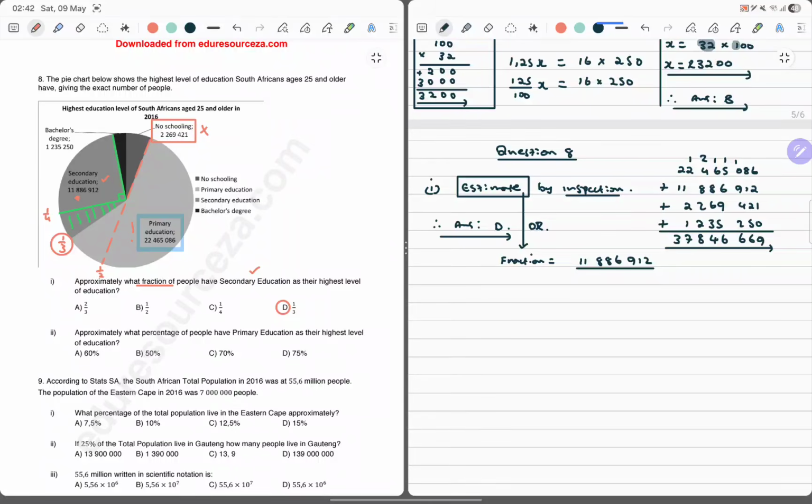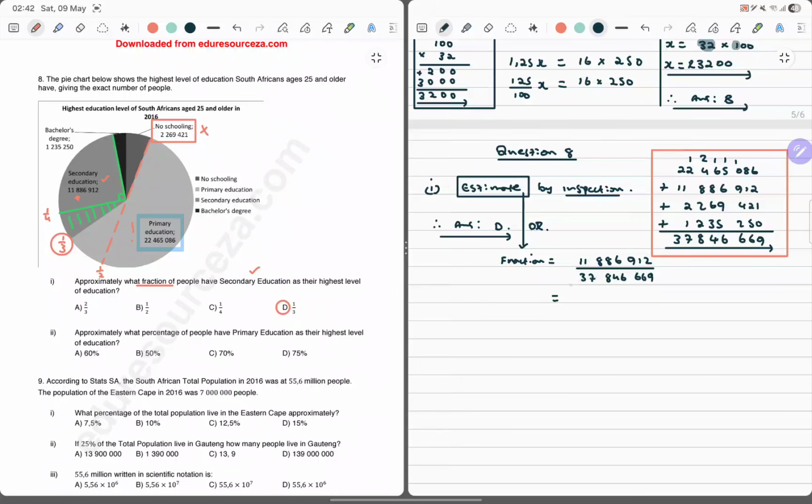Again, if you chose this route, you can see it's already tedious from the outset. Please, guys, these skills are not going to be meaningless. So learning them is good. So this is 37,846,669.